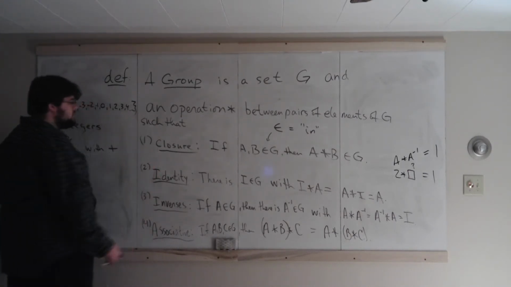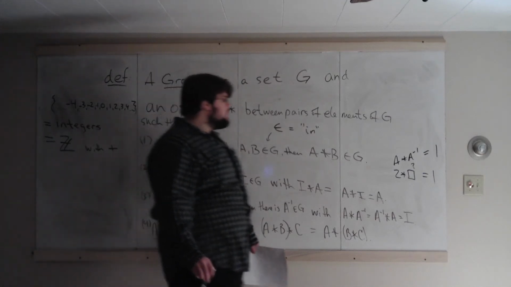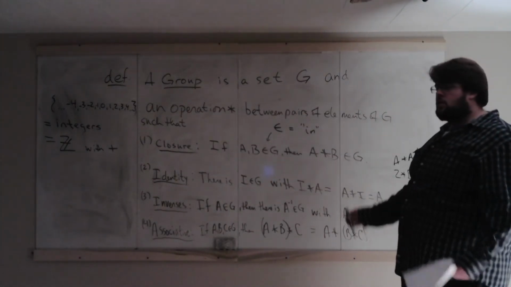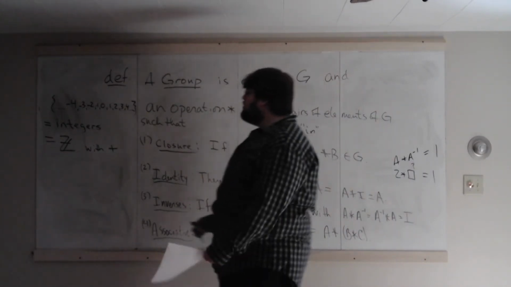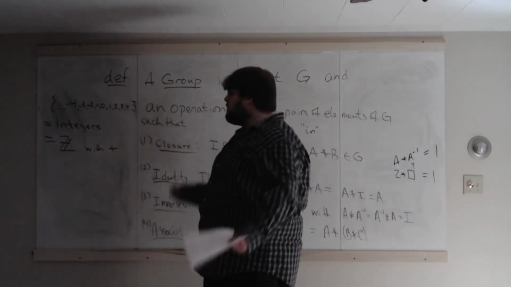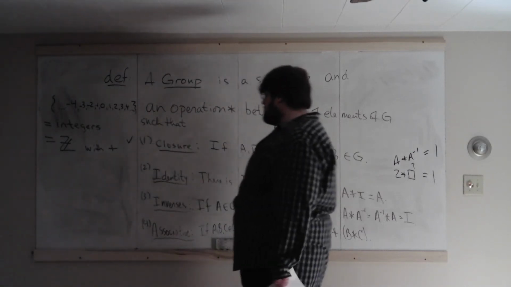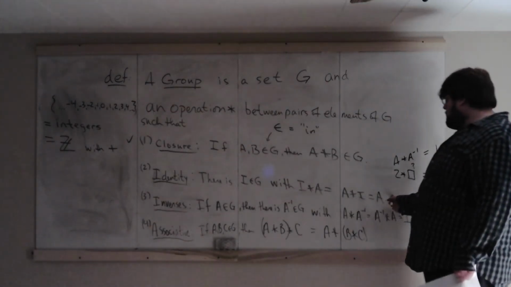Is it closed? Well, here, remember, we want integer plus integer. Is an integer plus an integer another integer? Well, it's just a whole number plus another whole number, maybe with some negatives on it. So yes, that is closed. What about the identity?